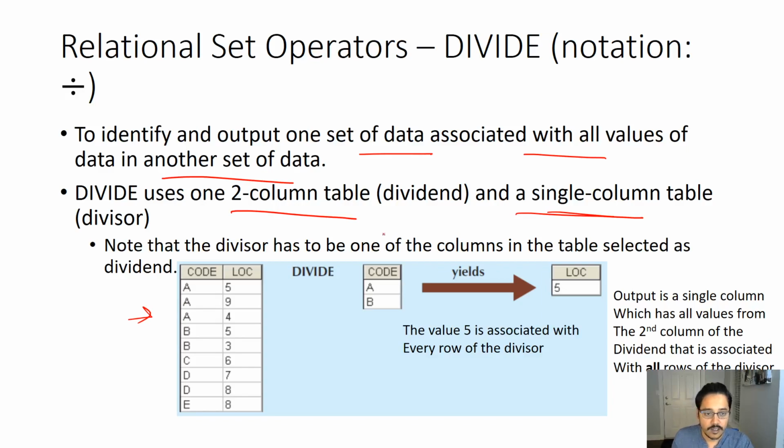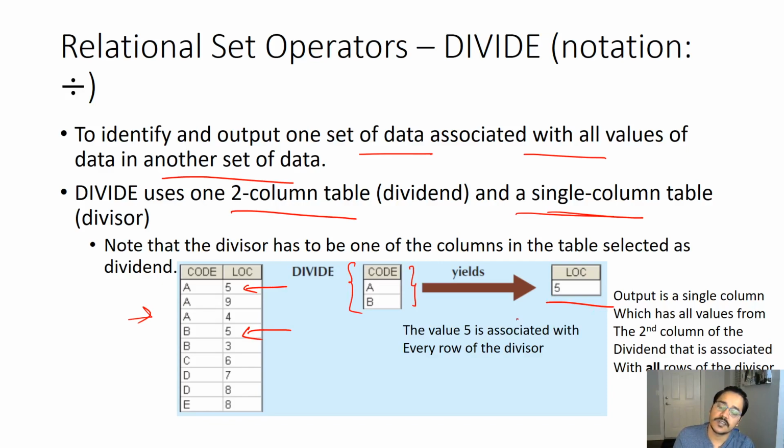What we want to find out is to which location this code A and B is related. Okay. So A and B both are related to the location 5. We can see that A is associated to 5 here and B is associated to 5 here. So the location that is related to all the values of this particular table is basically 5.